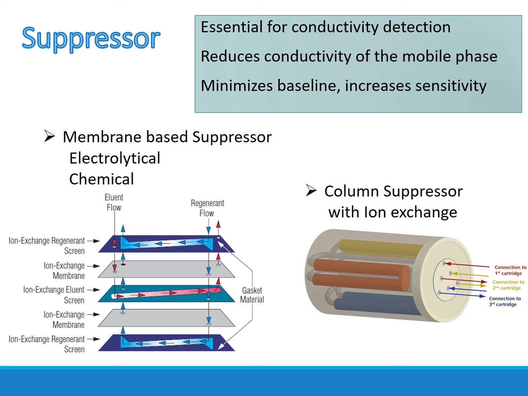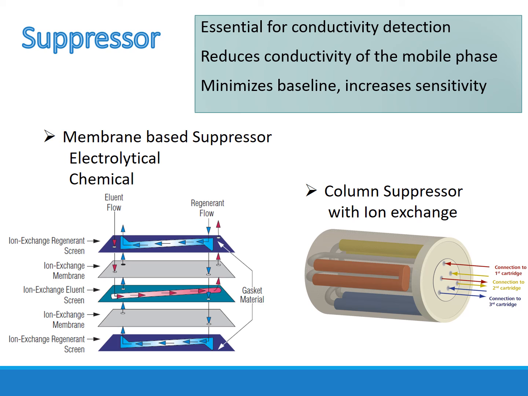There are different types of suppressors. There can be electrolytic and chemical, which are membrane-based. Usually you have the flow from the column coming through the membrane system, and on each side are membranes which are allowing for passage of unwanted ions.